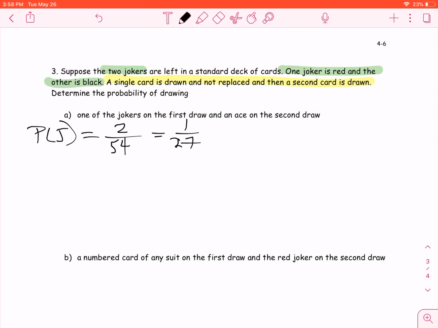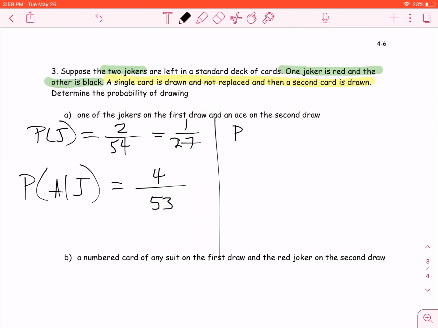And then we want to figure out what is the probability that we draw an ace, given that the first draw has already happened. Okay, so in that case, there are 4 aces in a deck of cards, and because we did not replace the card, we have 53 cards now, so 1 less.